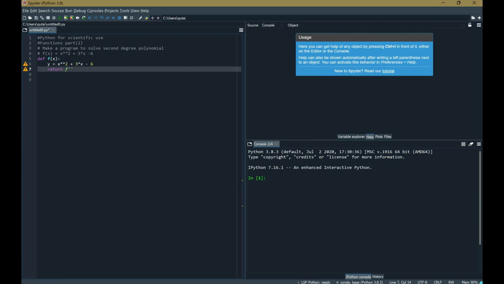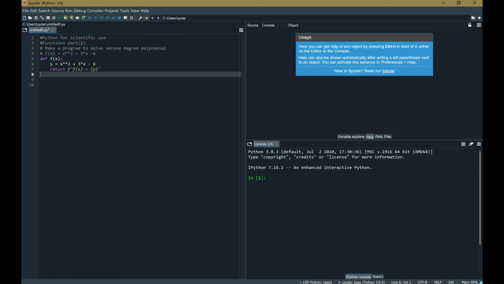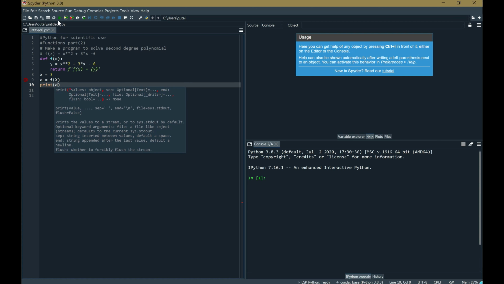Let's make a function call here. E, or f(x), is equal to f, and here let's make x equal to 3, and we have a is equal to f(x), and here we make print a, and let's see the result.